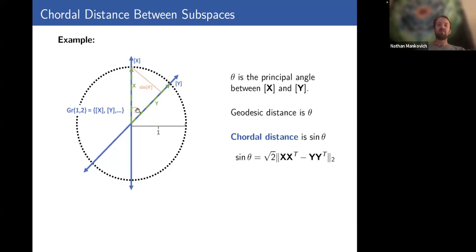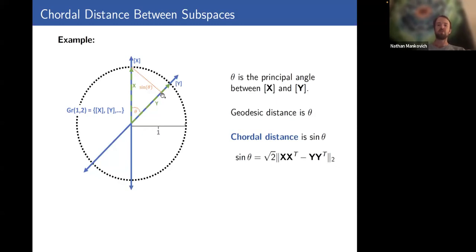But it can be kind of hard to compute. And so people also use this chordal distance, which is the sine of the principal angle, which can be computed as the Frobenius norm of the difference between the projection matrices.